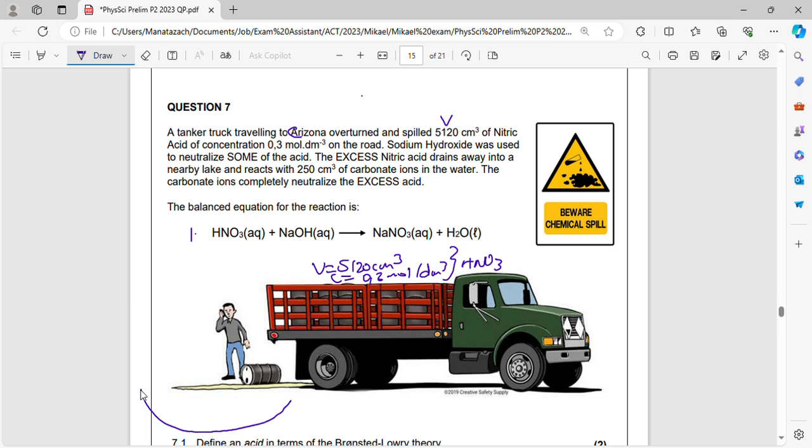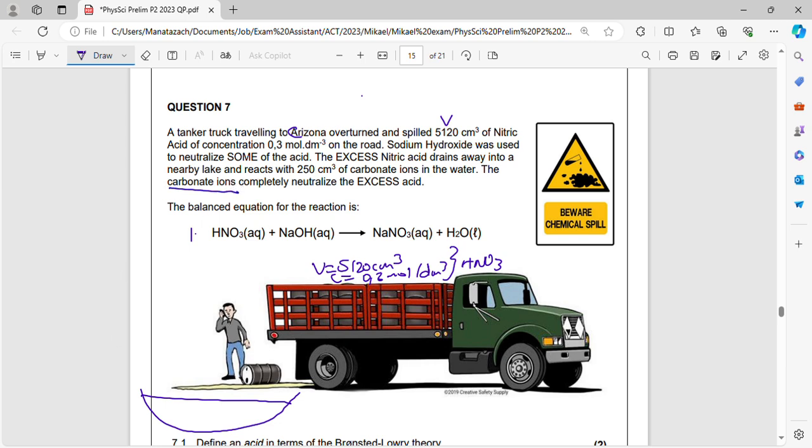So now let's draw a lake here, where the spillage of the nitric acid will flow into. So the lake contains what? The carbonate ions.